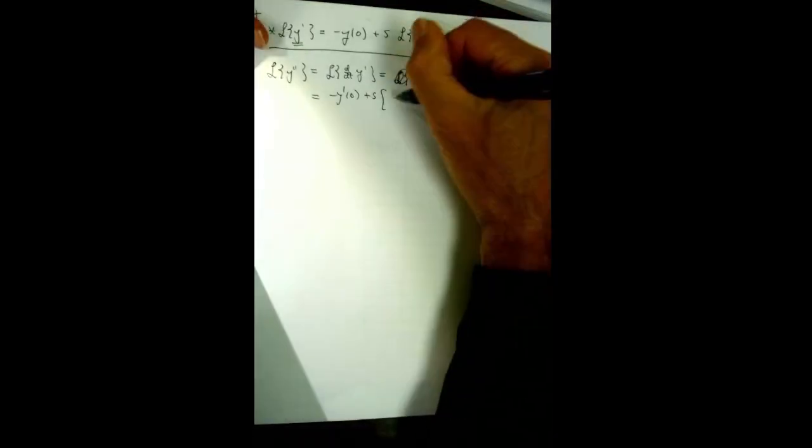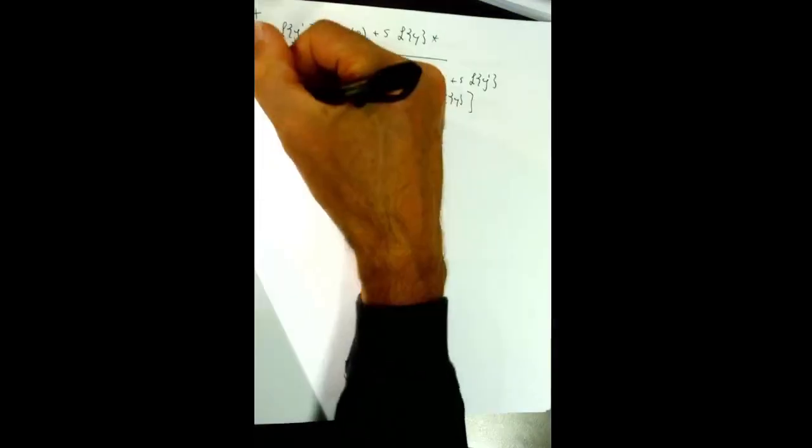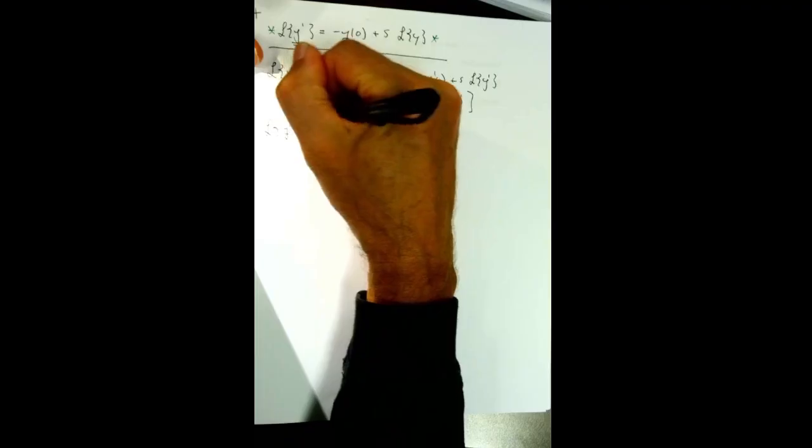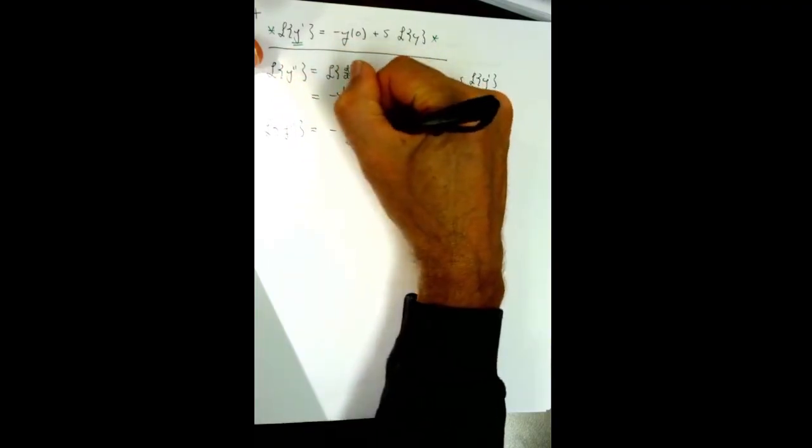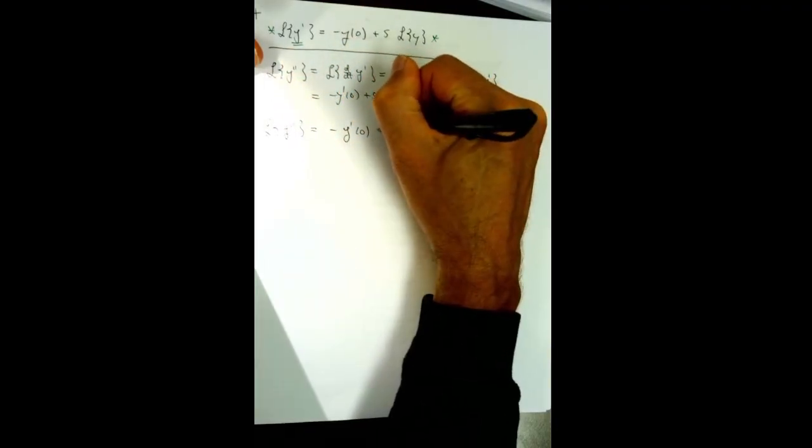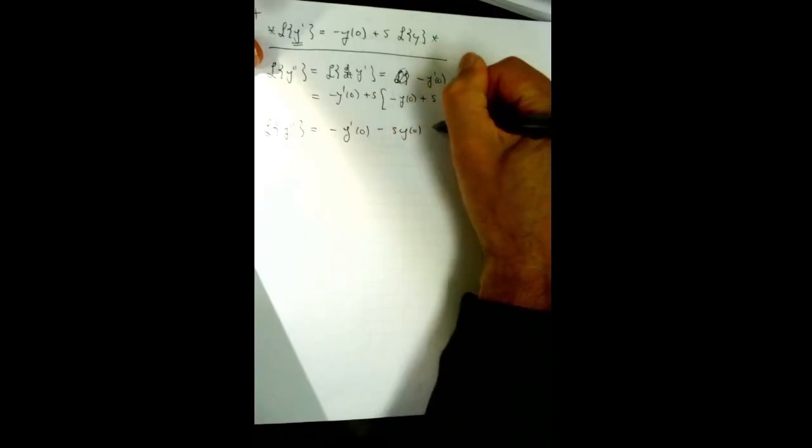And now I can use the previous formula to write that in terms of the Laplace transform of y. So we end up with the Laplace transform of the second derivative is minus y prime of 0 minus s y of 0 plus s squared times the Laplace transform of y. And we get that by multiplying that s through.